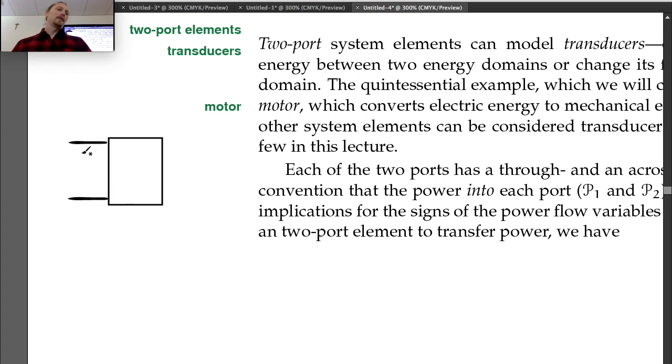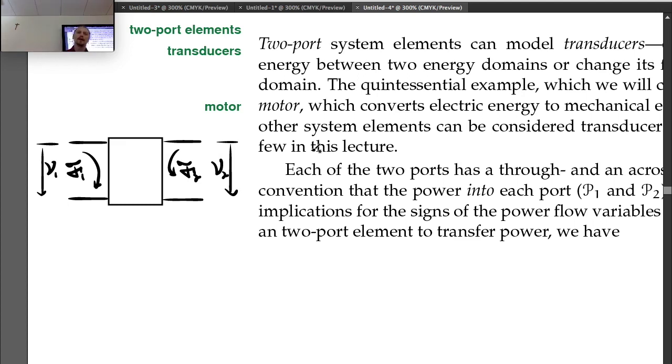So you have a terminal on one side, a terminal on the other side, and one side has through variable F1 and a cross variable V1. The other side has through variable F2 and a cross variable V2. Generalized through and across variables there.